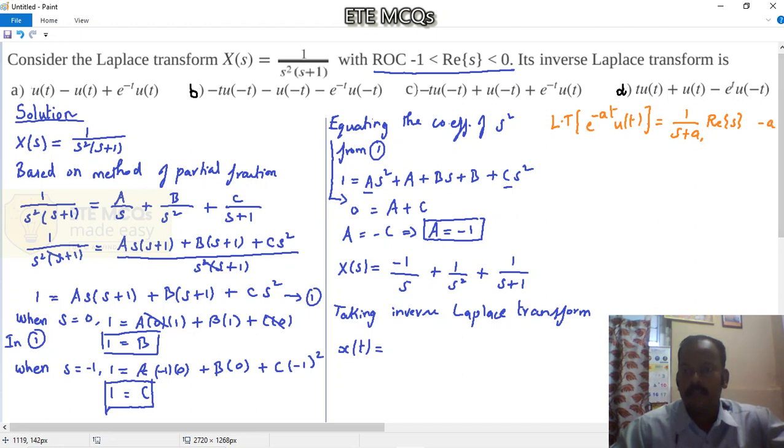Since it corresponds to a right-sided sequence, u of t is a right-sided sequence, the region of convergence should be greater than minus a. So this is the condition.